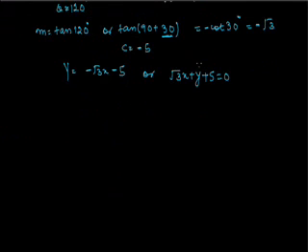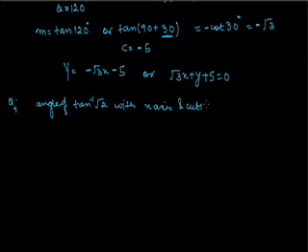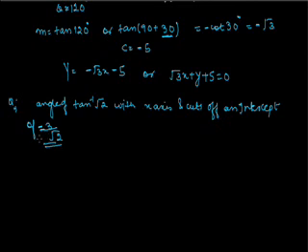Okay, now we'll be proceeding towards the next question, which is: find the equation of a straight line which makes an angle of tan inverse √2 with the x-axis and cuts off an intercept of 3 upon √2 with the y-axis, that is the negative direction of the y-axis, so it will be taken as -3 by √2.